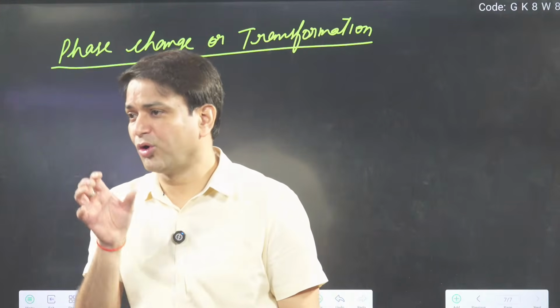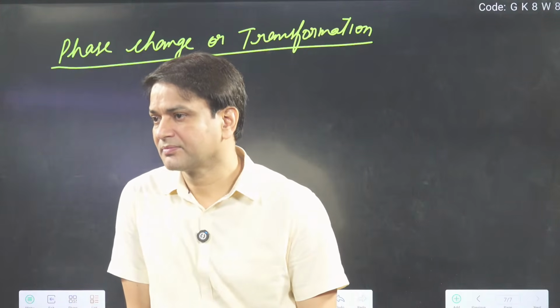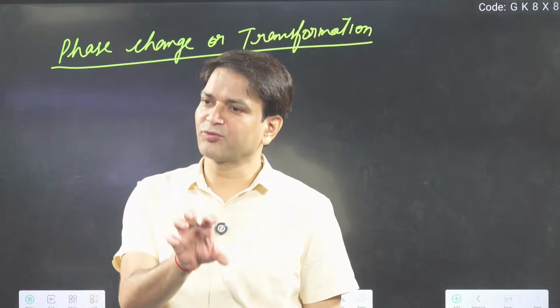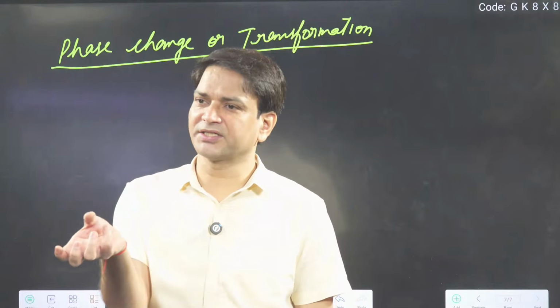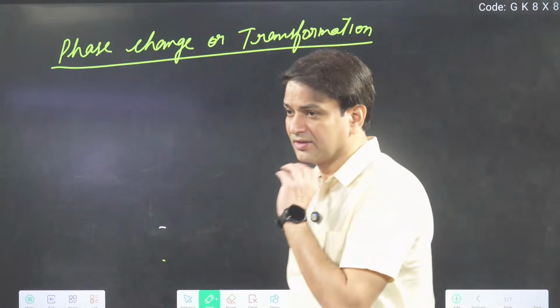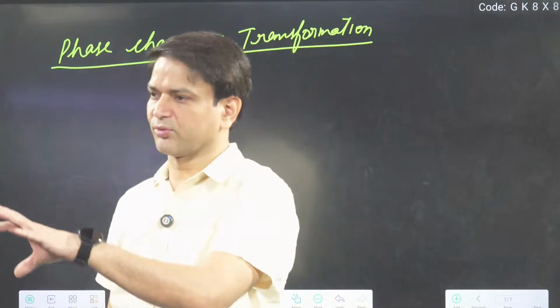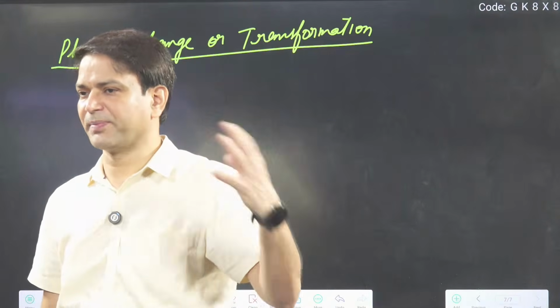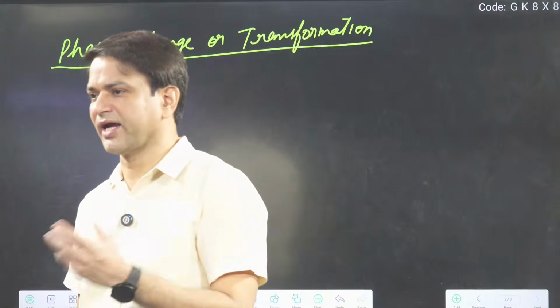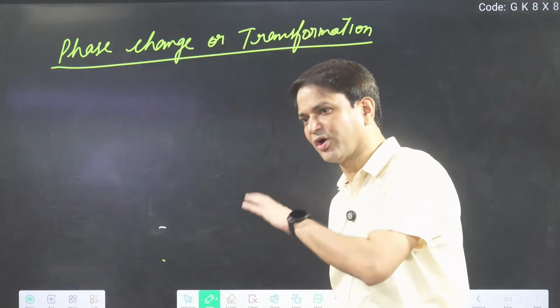Does everybody know this or not? So melting, conversion from solid to liquid. Vaporization, conversion from liquid to gas. I think there is no need to write. Melting, solid to liquid. Vaporization, liquid to gas. Sublimation, solid to gas. Do I have to write, or does everybody know?